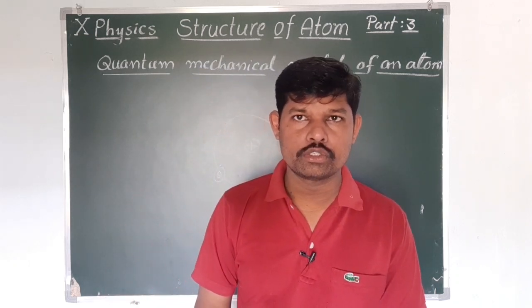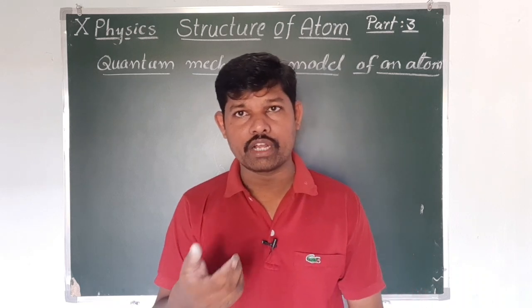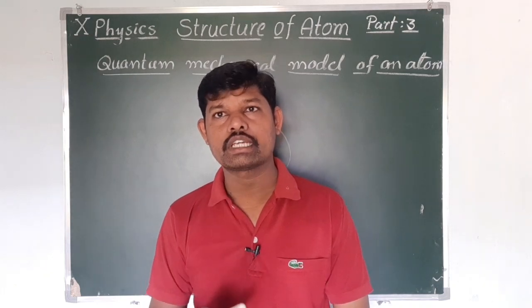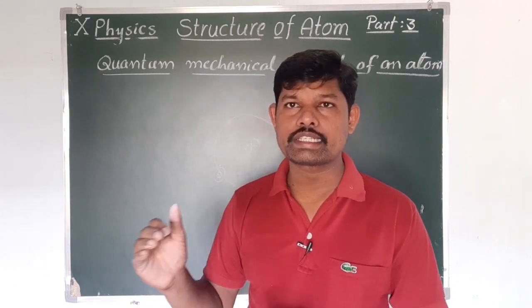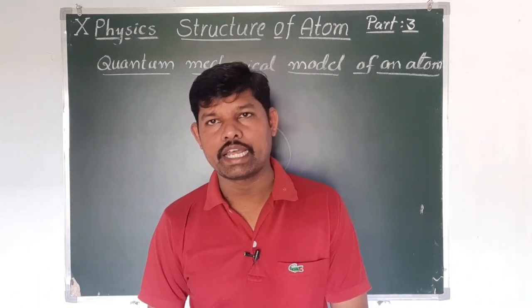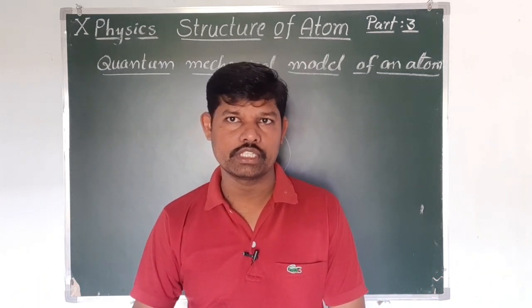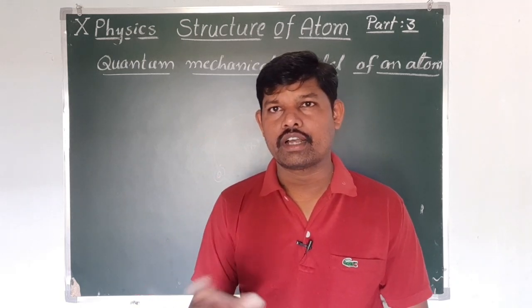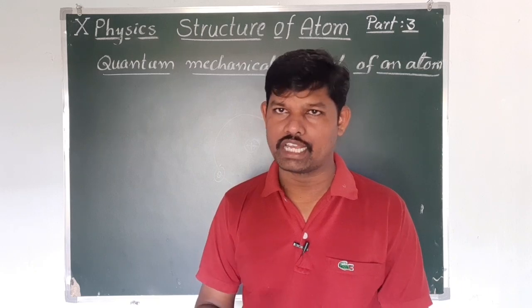Like that, to find the electrons, we have to use a particular light. That light's wavelength also corresponds to the size of the electrons. When you use light that corresponds to the size of the electrons, we can observe the position and velocity.